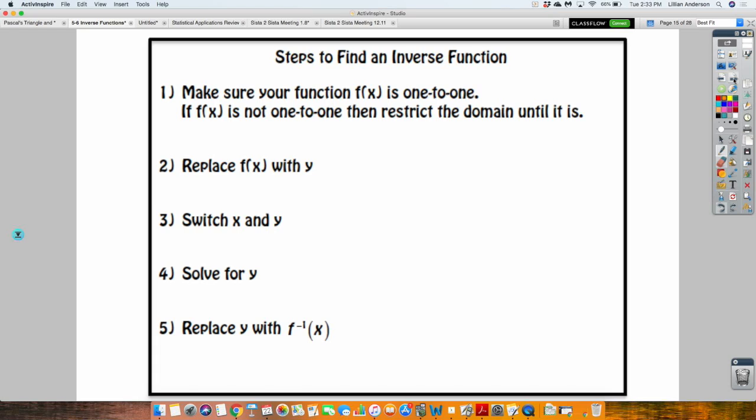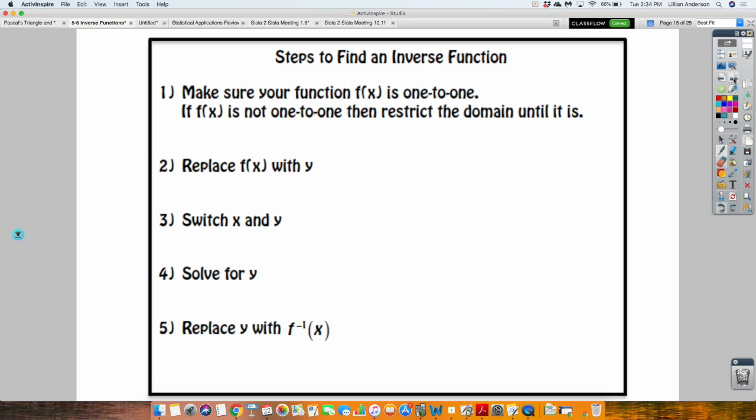And then replace y with the correct notation to indicate inverse. You do not want to leave the inverse function as y equals, because y would indicate the original function, not the inverse function. So make sure it's one-to-one, trade out f of x with y, switch x and y, solve, and replace. Correct notation.